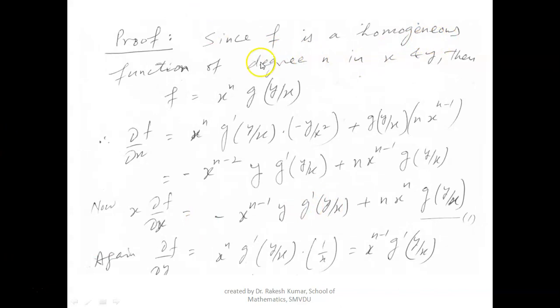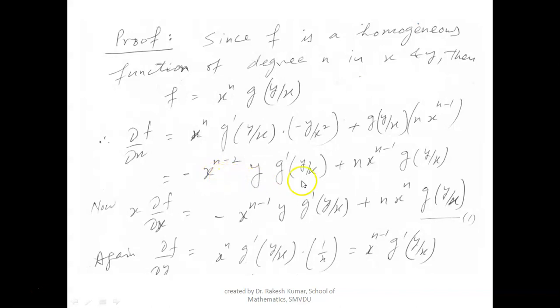Since f is a homogeneous function of degree n in x and y, f equals x raised to power n g(y/x), by definition. Now we have to find the partial derivatives with respect to x and y. So del f by del x: this is the first function and the second function, first function times derivative of second function, plus second function times derivative of first function.